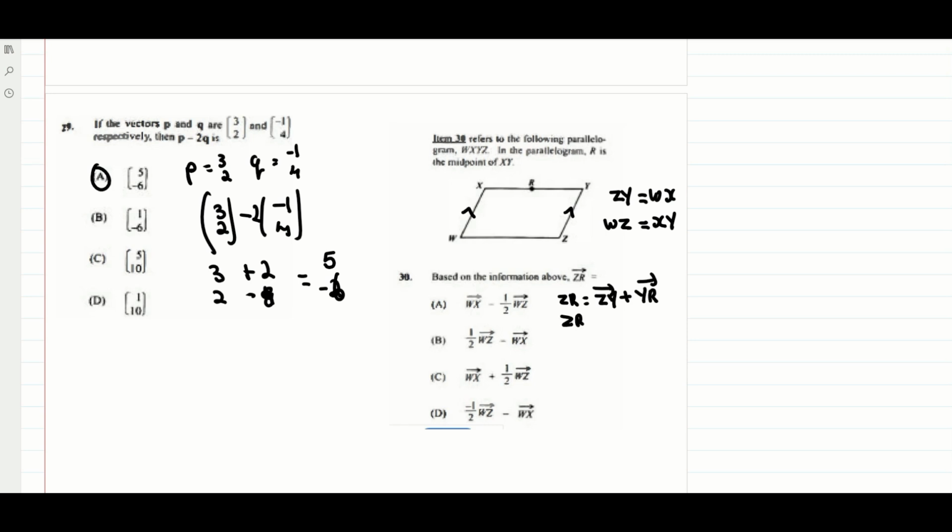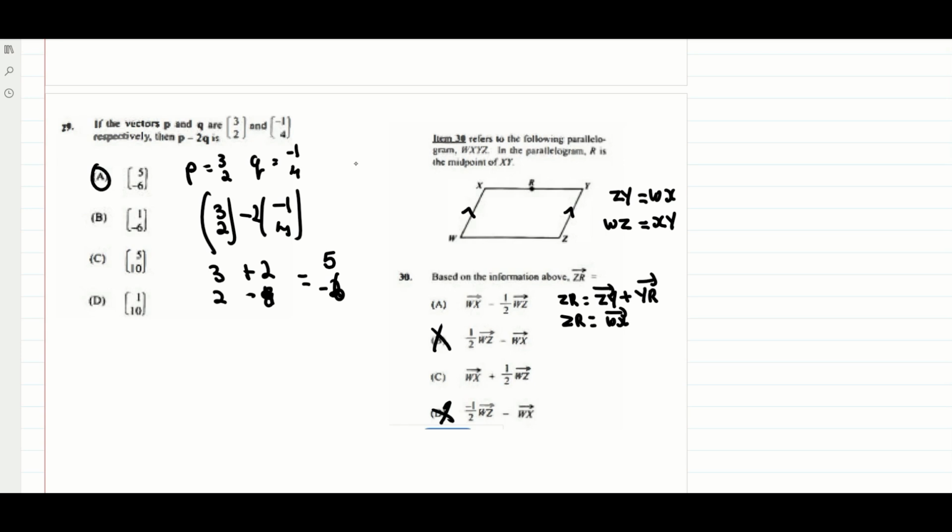So ZR would be ZY, which is WX, plus YR. Any one of them that has WX would be correct, all of them have WX, so that would not be D and it would not be B. So we cancel them out, it's either A or C.